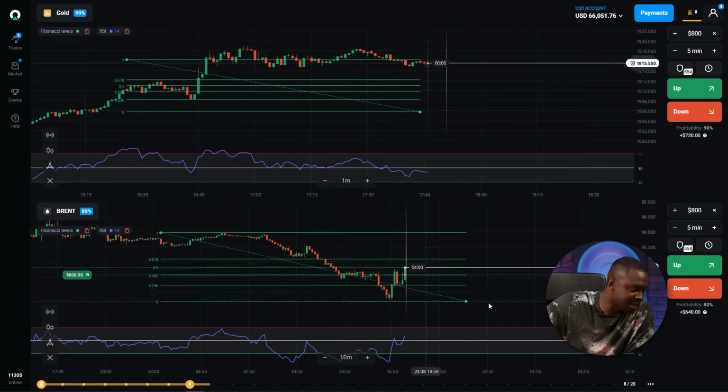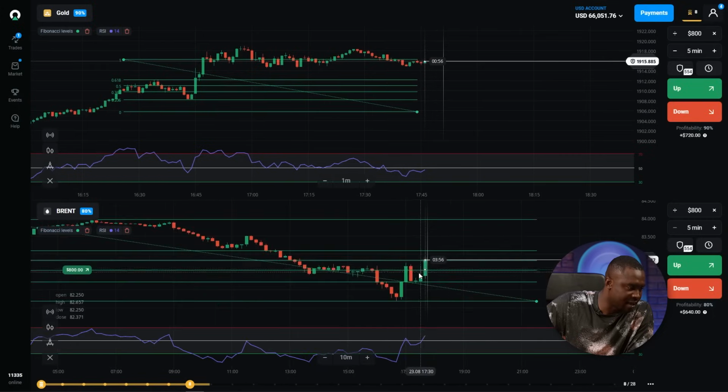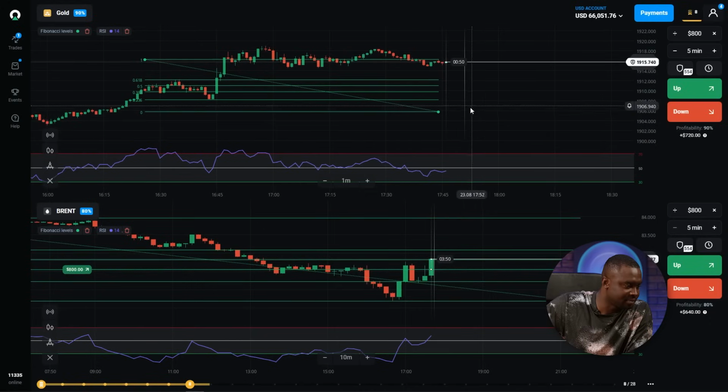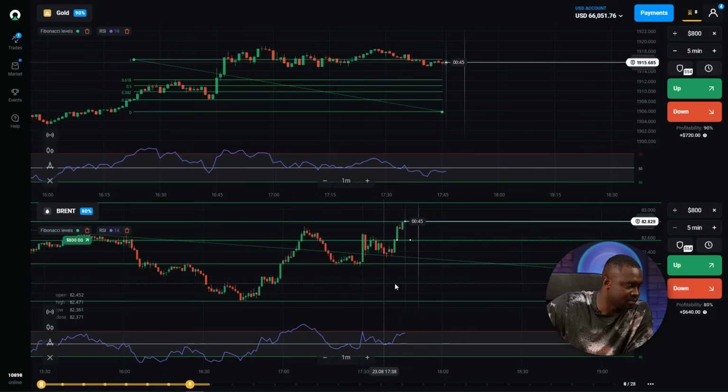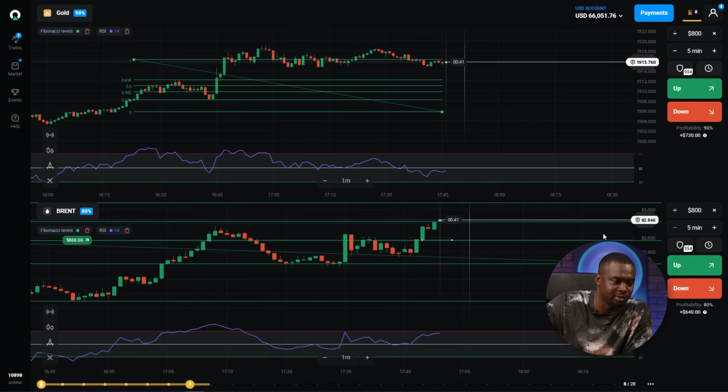On Brent, we are about to hit our golden ratio, so 0.5. Price is more likely to break out at this point. So we have a minute more to go.